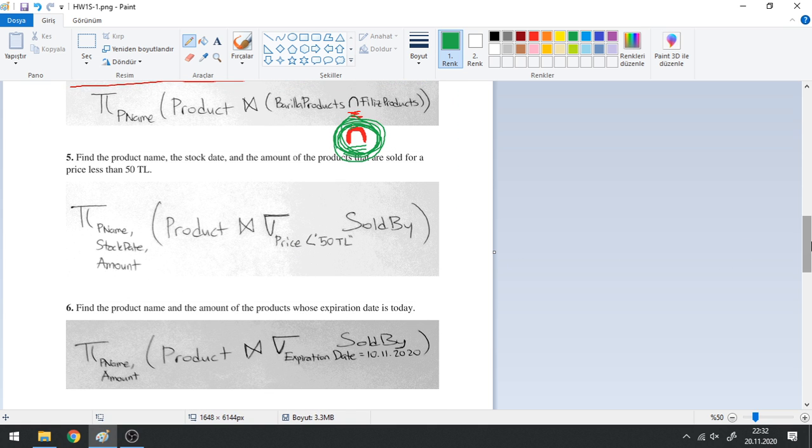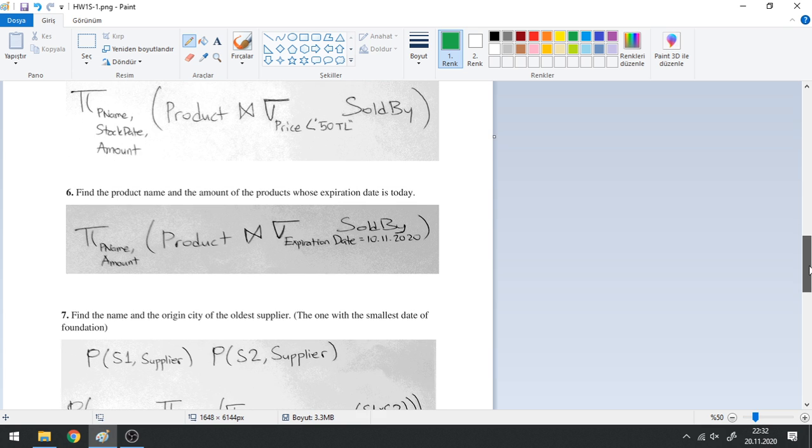So question number 5, most of the people did it correct. Question number 6 was actually very easy, but some people thought about it in a different way. So we are talking about the products whose expiration date is today.